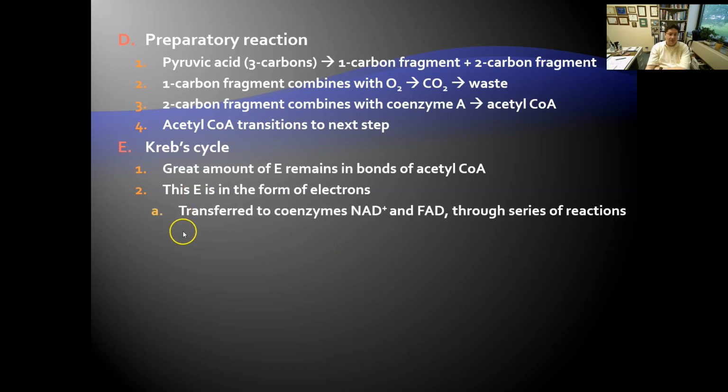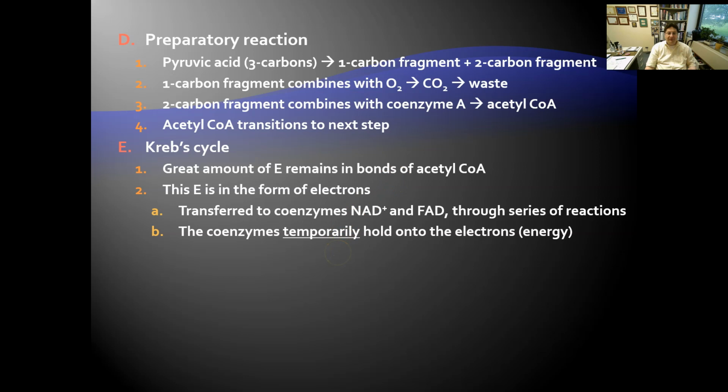being held onto. Now what happens is these electrons that are in acetyl-CoA are transferred to two different coenzymes, NAD and FAD. So through a series of reactions, we're going to take the electrons that are in acetyl-CoA here, and we're going to hand them off to NAD or FAD.